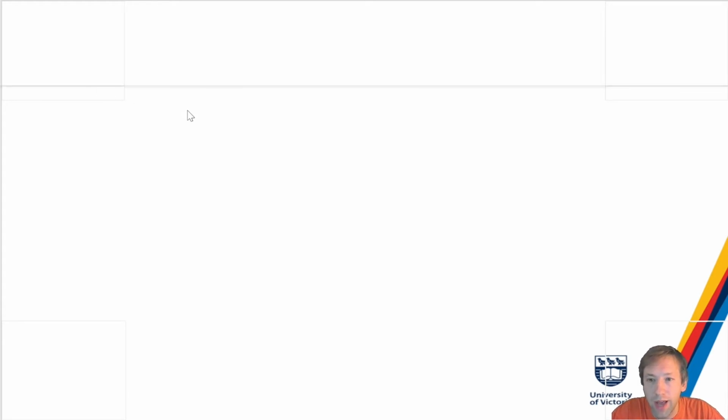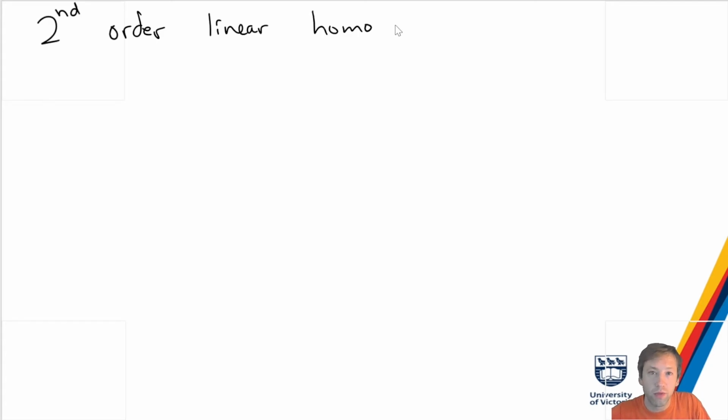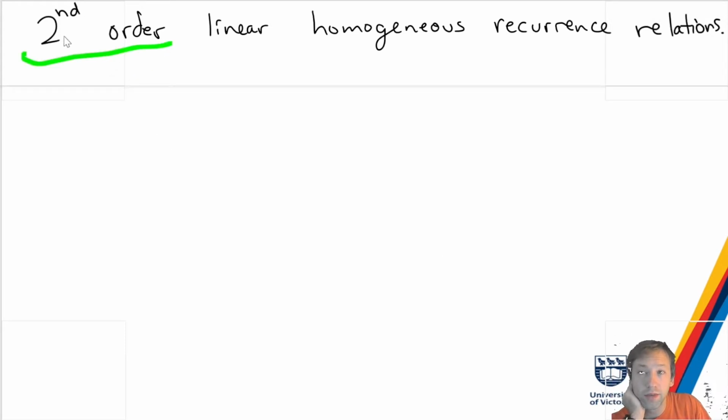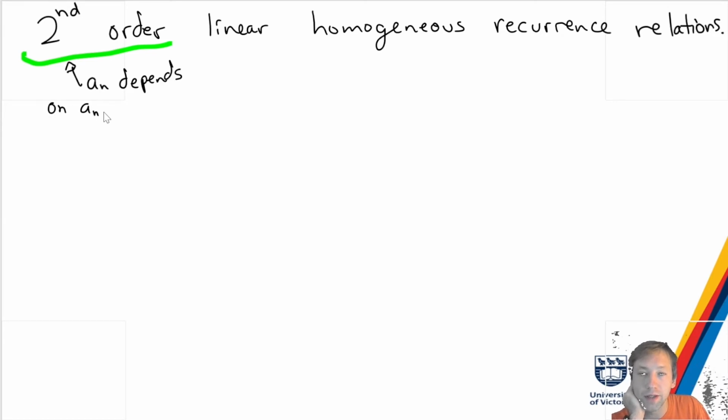What I want to talk about now is second order, linear, homogeneous recurrence relations. So second order means that each term depends on two previous terms. So second order just means a_n depends on a_{n-1} and a_{n-2}.